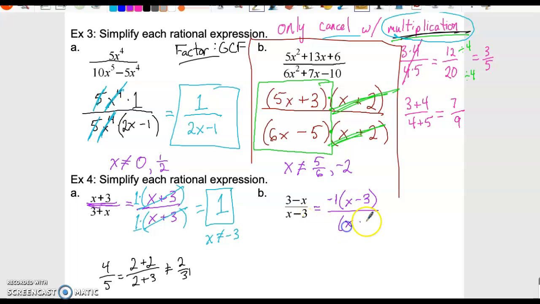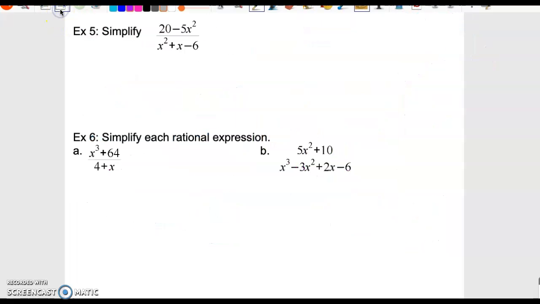The whole point is that now we have a multiplication problem where we can cancel out the x minus 3's, and you're left with just -1. Again, you don't have to write that x cannot equal 3, otherwise you'd be dividing by 0, but that is extra. It's nice, it's good practice. I didn't mean to write over that value, but there you have it.